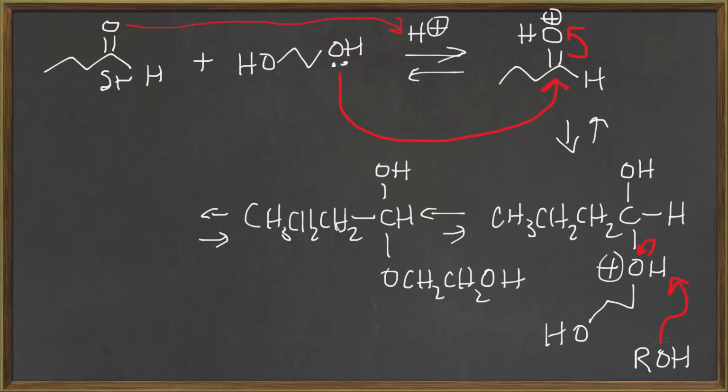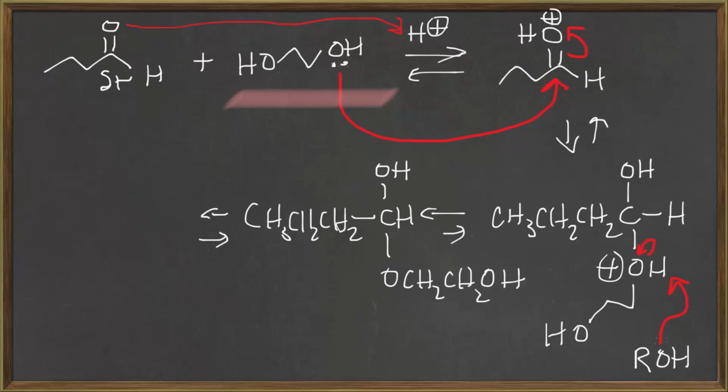What I want to see happen here is, since I have a huge excess of this guy, I'm eventually going to be losing this guy. In other words, my excess of the alcohol is going to push out the hydroxyl group.